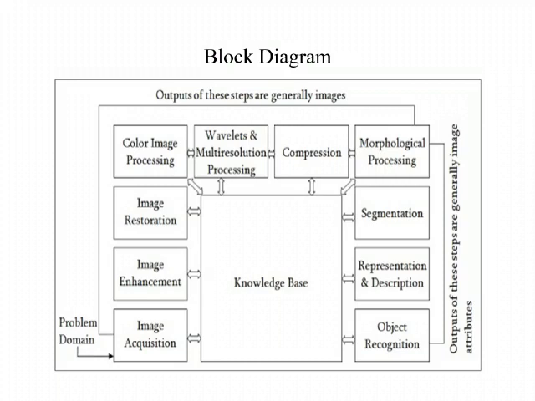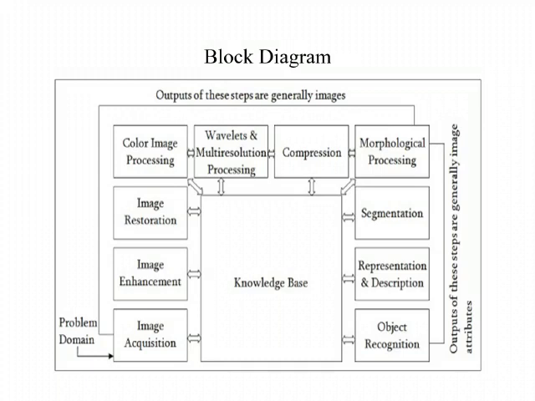Among these 10 steps, the problem domain is fed to the image acquisition block. The image acquisition block, image enhancement, restoration, color image processing, wavelets and multi-resolution processing, compression and morphological processing. All these 7 blocks, the output of these are generally images.